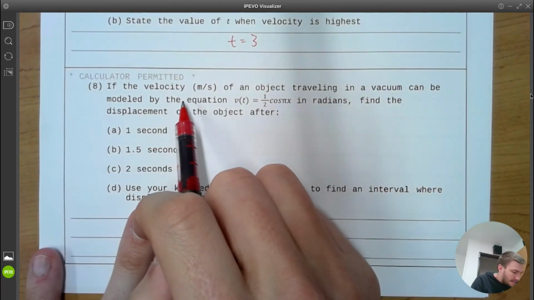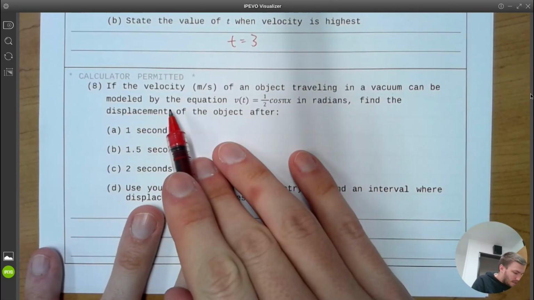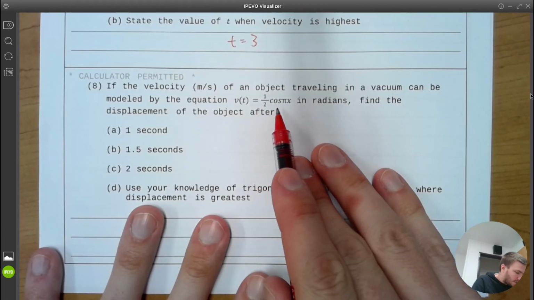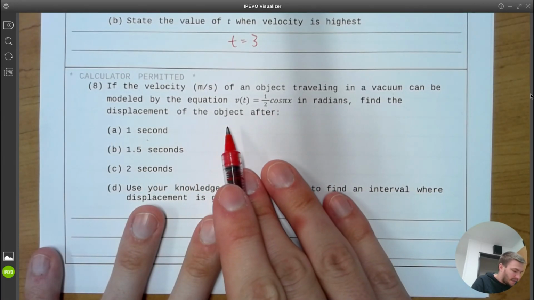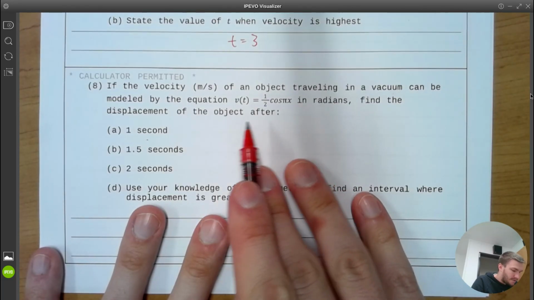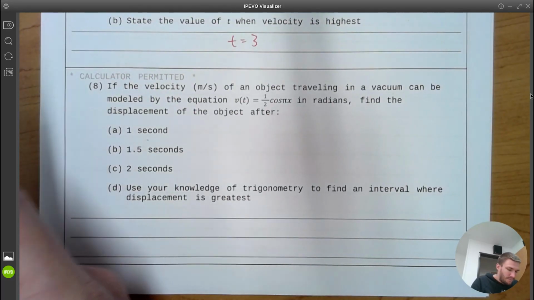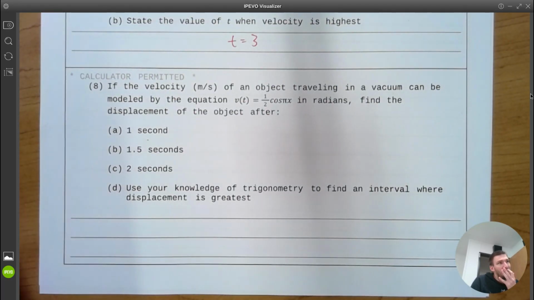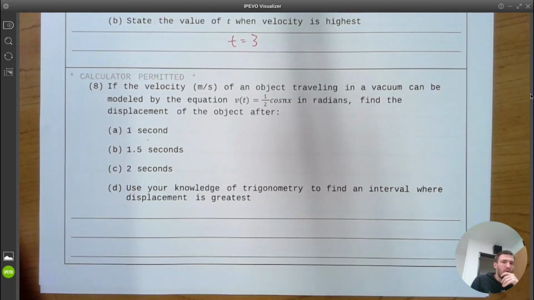If the velocity of an object traveling in a vacuum can be modeled by the equation v of t equals 1/2 cosine pi x in radians, find the displacement of the object after 1 second. Calculator permitted. Displacement is talking about the integral, it says after 1 second, so from 0 to 1.